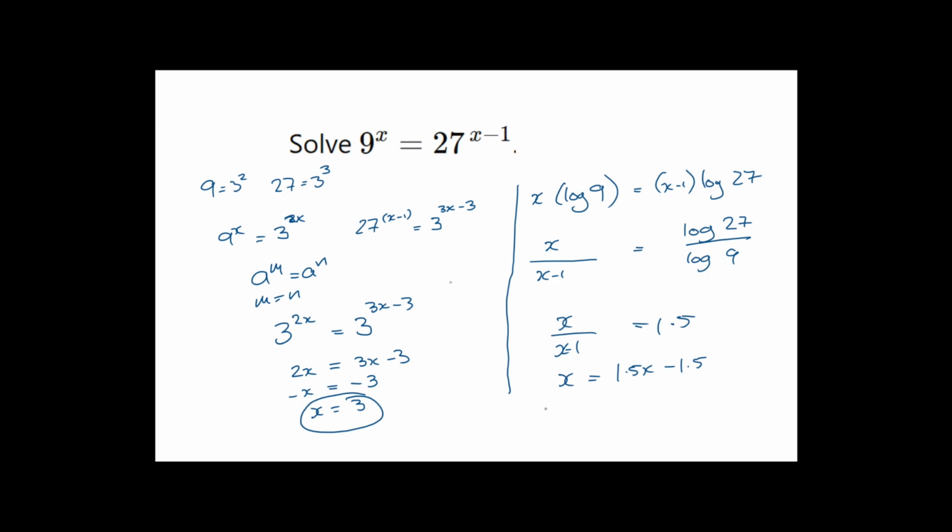So negative 0.5x equals negative 1.5. x is going to be equal to negative 1.5 over negative 0.5, and it's going to be equal to 3, which is the same answer that we got before. Are there any things there that it cannot be equal to? Well, x can't be equal to 1, and that doesn't meet that criteria. So, okay, we're fine with that.